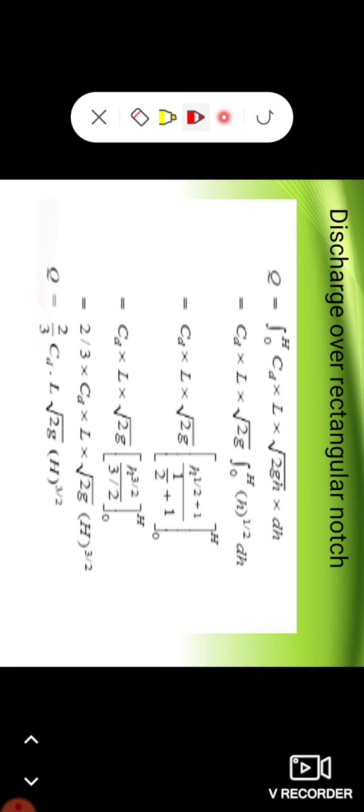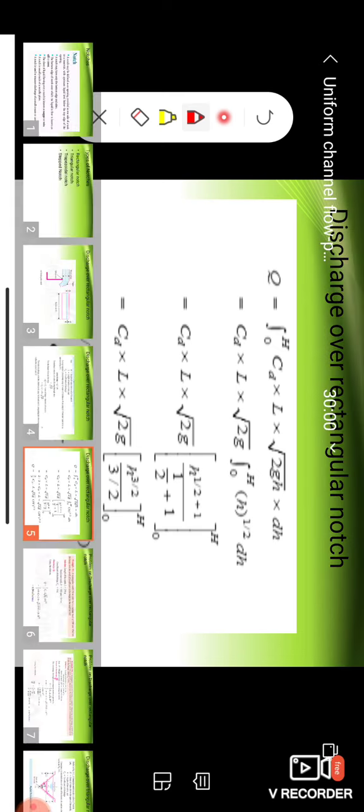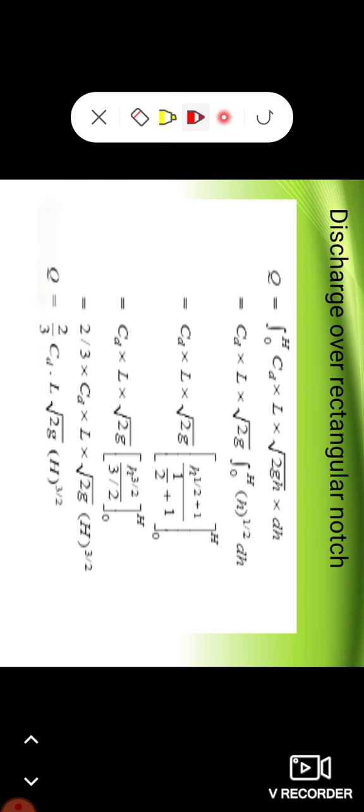When we integrate that, it is h to the power of half plus 1 divided by half plus 1, from 0 to h. After integrating, the value becomes CD into L into root of 2g, which remains constant, times h to the power of 3 by 2 divided by 3 by 2, from 0 to h.